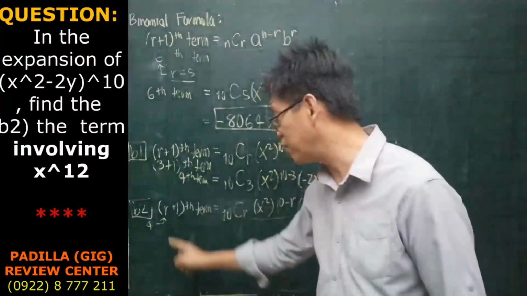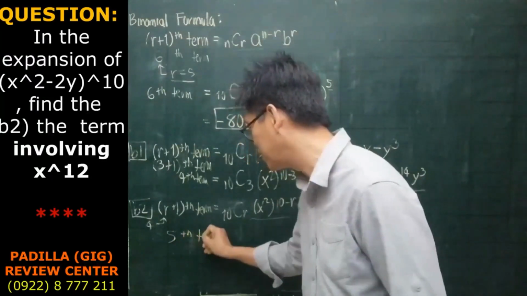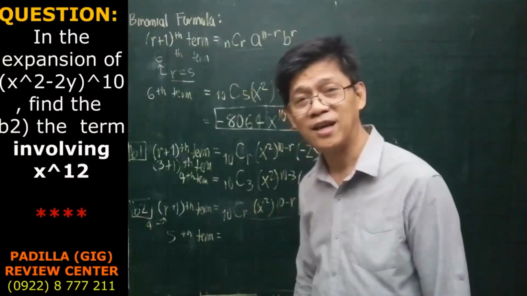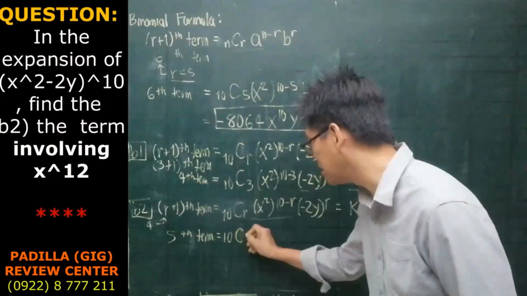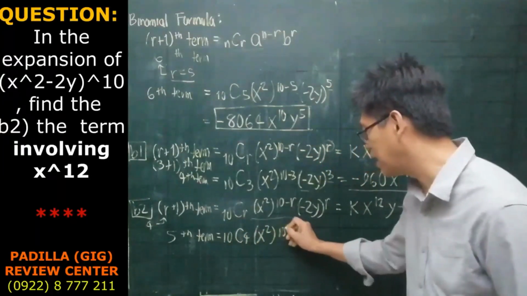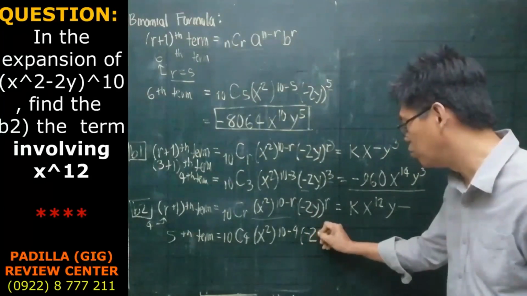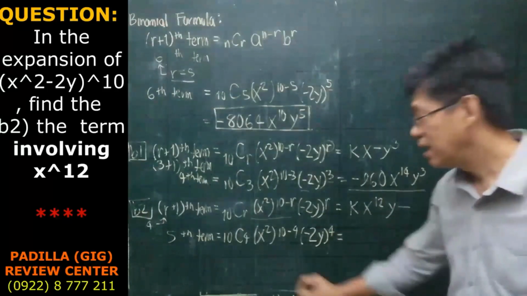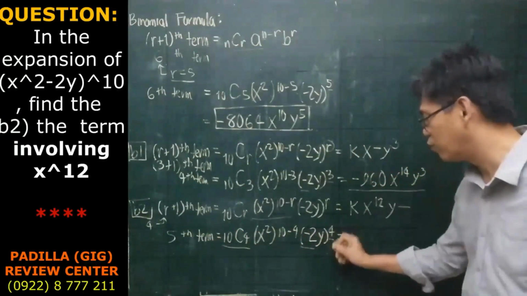So we are solving for the 4 plus 1. We are solving for the fifth term. The fifth term is the term involving x to the 12. So simplifying, 10C4 x squared to the 10 minus 4 times negative 2y to the 4. You simplify. 10C4 times negative 2 to the 4.